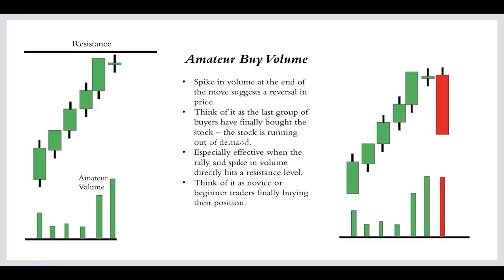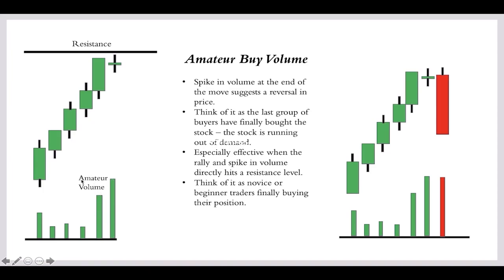You can think of this spike in volume as the last group of buyers who have finally bought the stock or crypto, and that stock or crypto is running out of demand, right? You could see that in the green candlesticks.